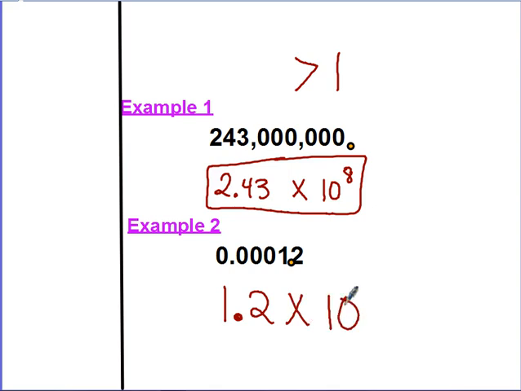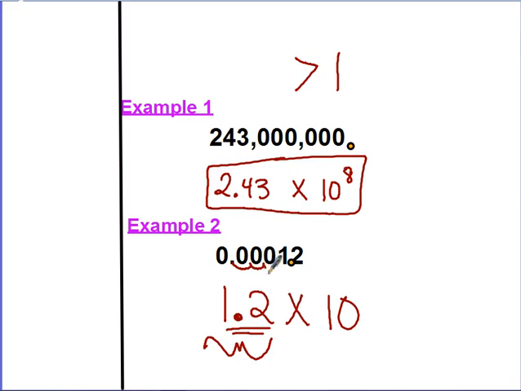Let me just remind you of something we talked about in the last video. The value of A has to be between 1 whole and 10. It's got to be greater than or equal to 1 but less than 10. That's another way you can tell if your A is correct or not. Now let's see how many times we moved that decimal point.